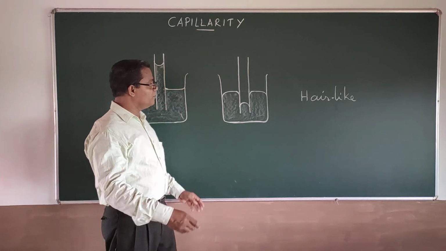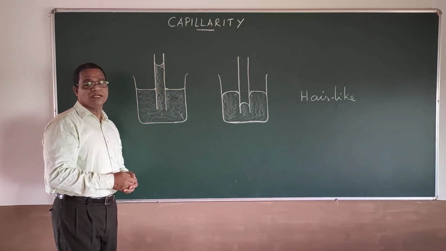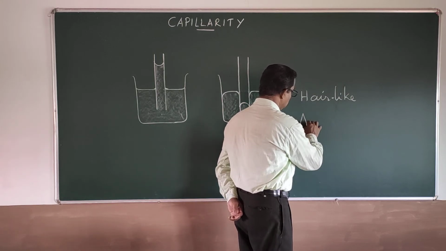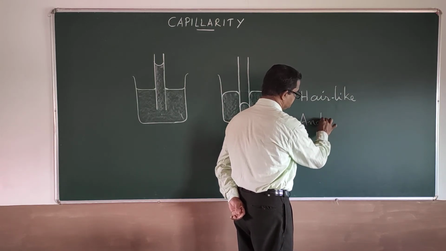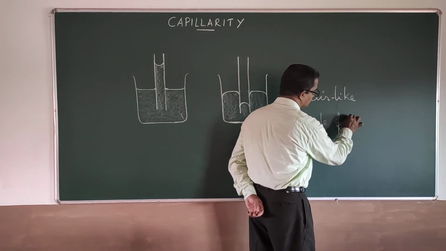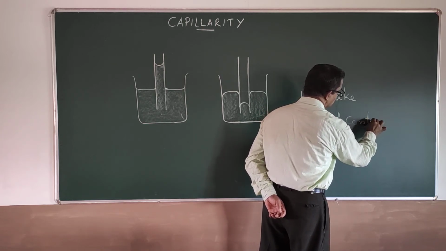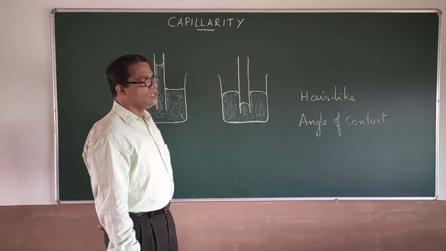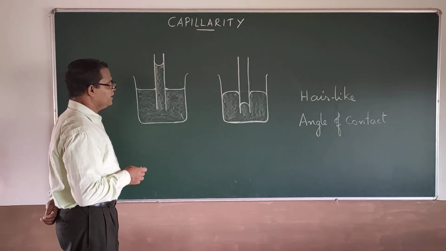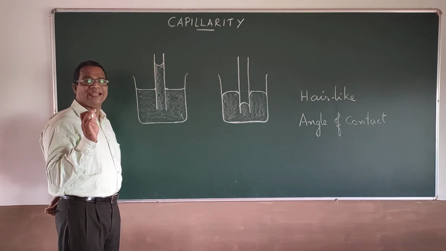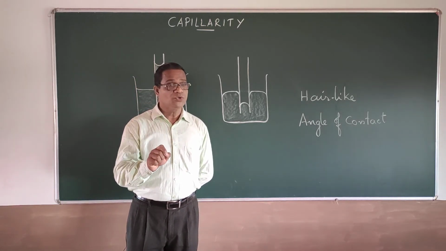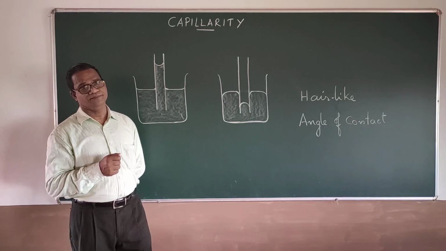Now to study more about this capillary action, we must understand a quantity called angle of contact. Angle of contact will be defined as the angle made at the point of contact of the liquid with the solid.